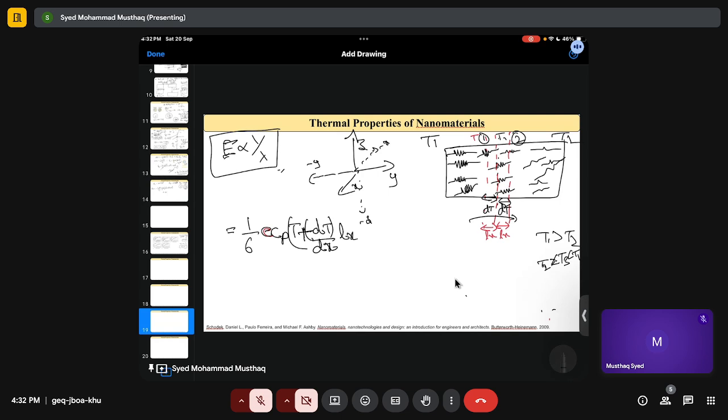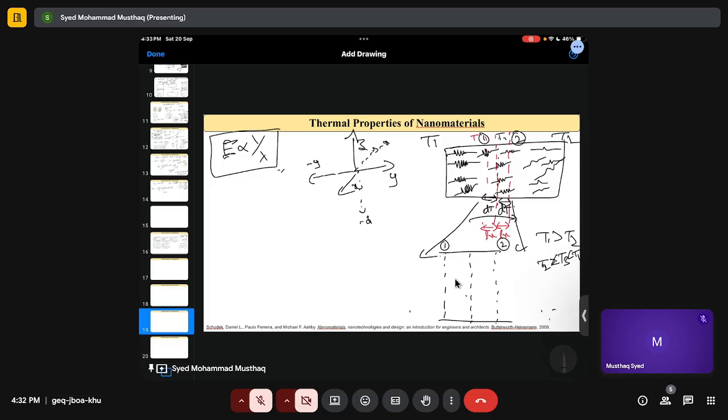Why? Because at this temperature, let me write everything again for better understanding. I will draw this diagram here also. I'm only zooming in on this part. This is my plane, this is plane 1, this is plane 2.